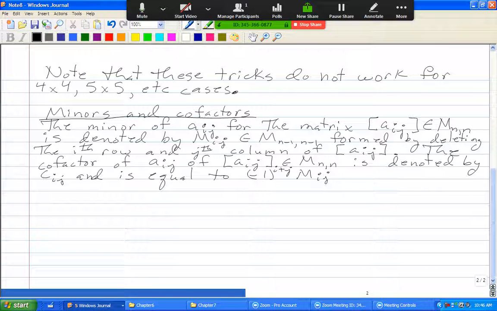So it's just up to sign. It's just the minor. Okay.